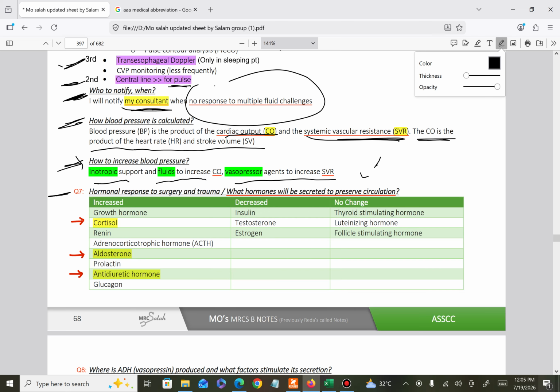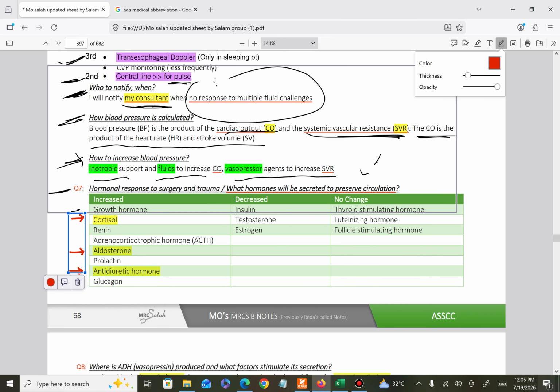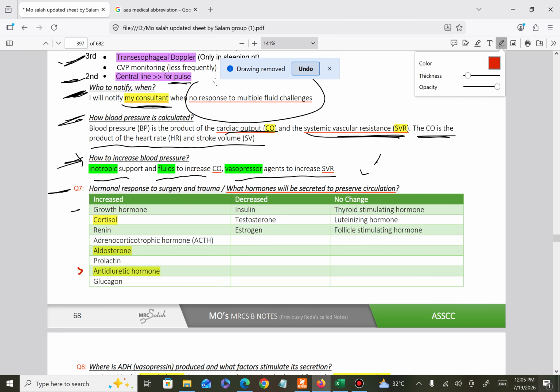Okay, so for increasing or preserving the circulation, the following hormones are secreted: growth hormone, cortisol, renin, adrenocorticotropic hormone (ACTH), aldosterone, prolactin, antidiuretic hormone, and glucagon.